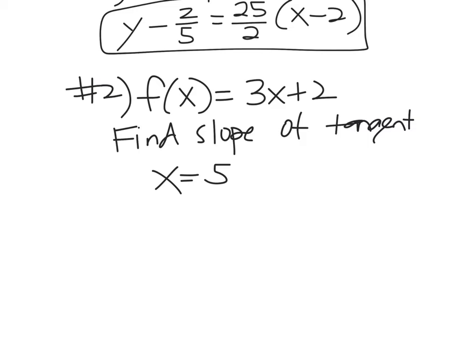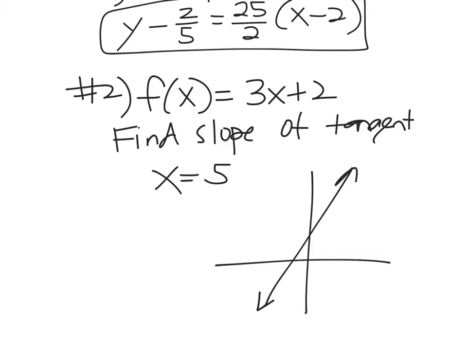Don't waste your time. Because this is a line, and you know what a line has? It has a constant slope. And so no matter what point you are on this line, the slope of the tangent will be the slope of the line. If you do the limit process, you'll get it, but you're wasting your time. The slope of the tangent would be 3 at any point.